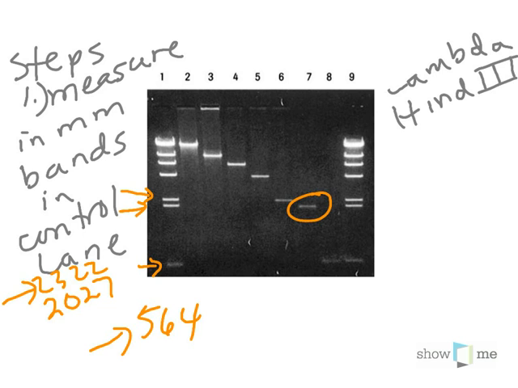That means your graph, if you were to graph base pairs versus millimeters, since the longer the base pairs, the slower it moves, the slope of your control graph will look like that. So you go over there and say, if that one moved this far, I would go up, hit the line, and come over, and that tells me how many base pairs. Well, that's the same thing as using the equation of that line.